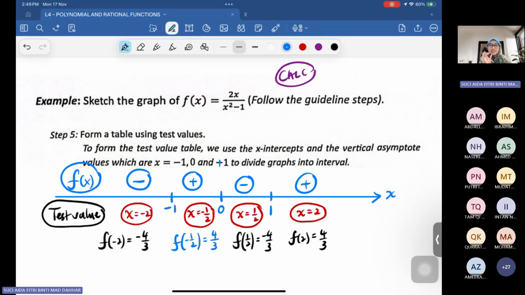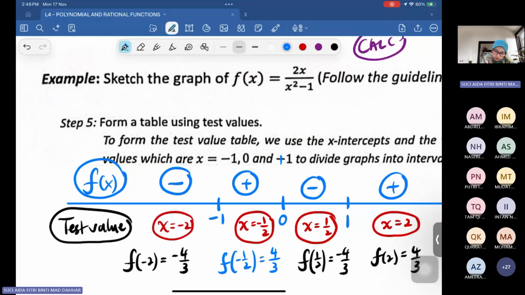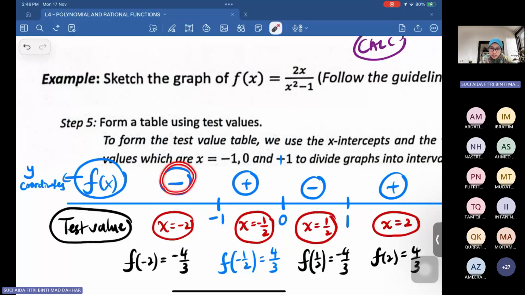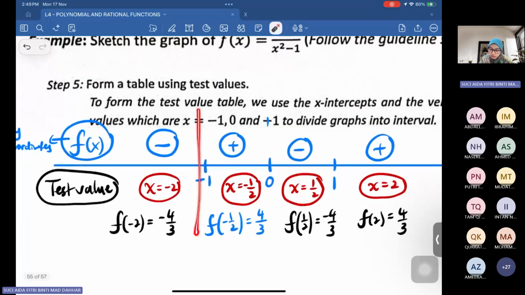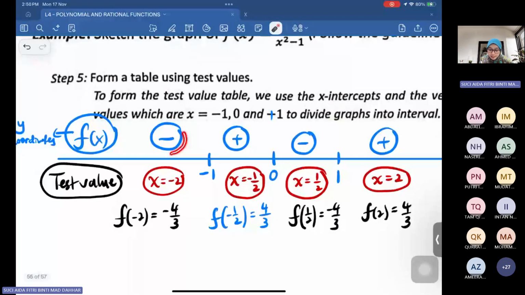Okay, how is this sign useful? f(x) is referring to the y coordinate, correct? If your y is negative, that means the entire graph before -1 will be below the x-axis because they are all taking negative y values.